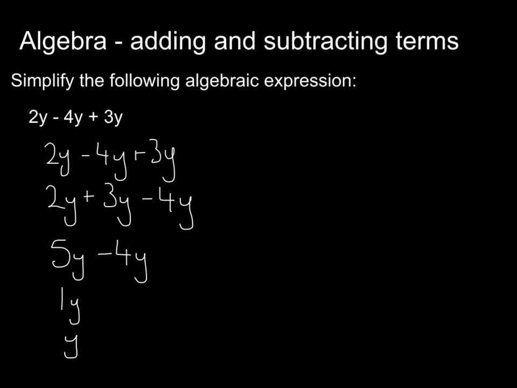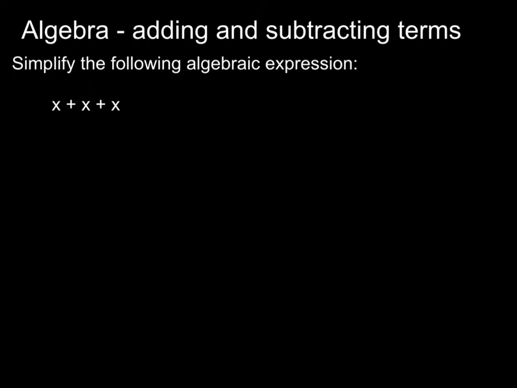It's simple enough but can look a bit confusing. So again, we're just simplifying the following algebraic expression, x plus x plus x. Now the answer is 3x, but you might be confused because you don't see any coefficients here. You see like terms, x and x and x, but you don't see any coefficients like we did in the last one.